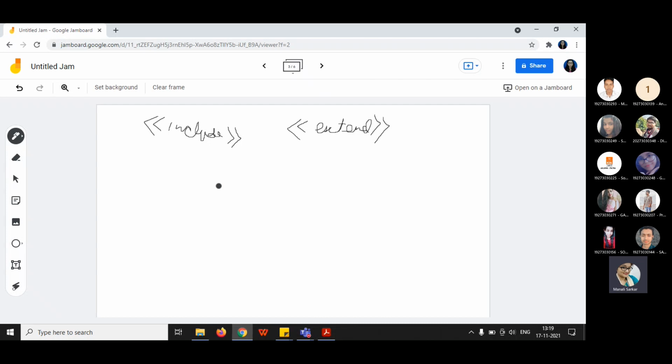If you see one example, here there is an actor, the member. So this is the dependency and association notation. Here this member is associated with the return book use case. This is association.